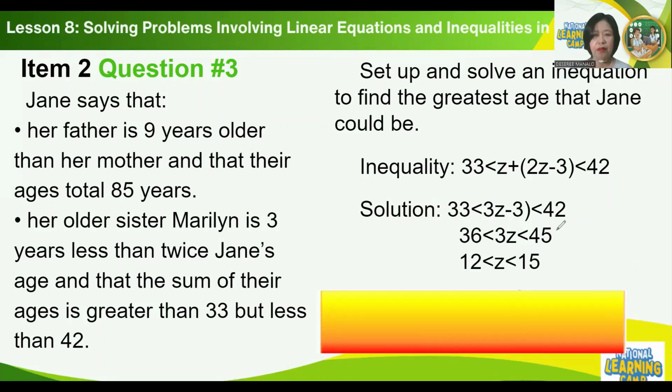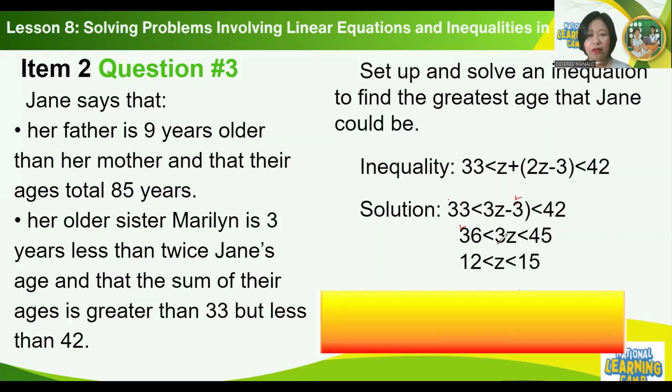Okay. So how did we get 36? The minus 3 will add to 33, so that's why we have 36. Next, 42, add 3 again. So we have 45. So 3z is between 36 and 45. Our goal is to find the possible values of z.